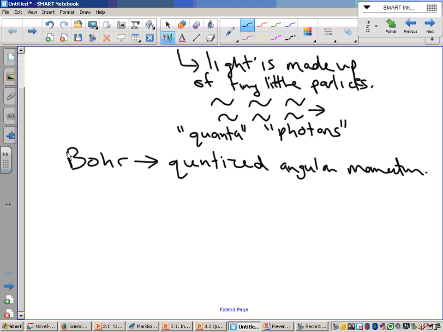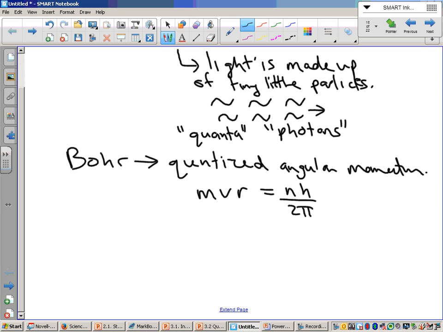So he wanted to quantize the angular momentum. He used an equation that looked like this, mvr. Now, r is the radius of the electron going around the orbit. That's how you calculate an angular momentum. You introduce its radius from the center of spinning. So mvr, he let be equal to a special series of numbers, nh over 2 pi.